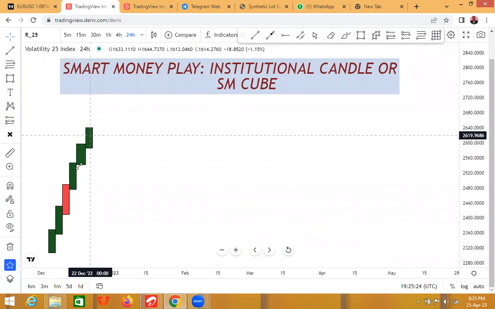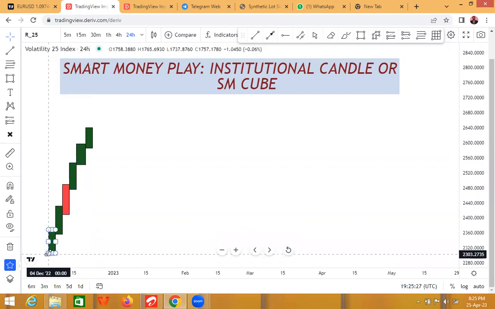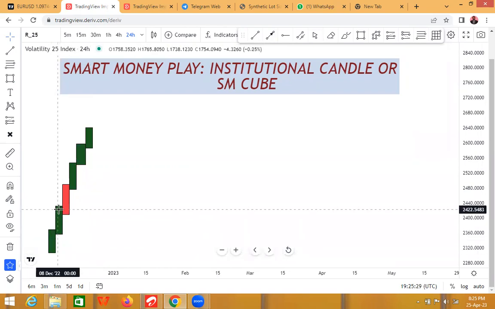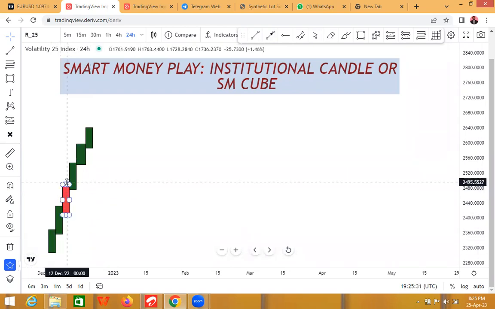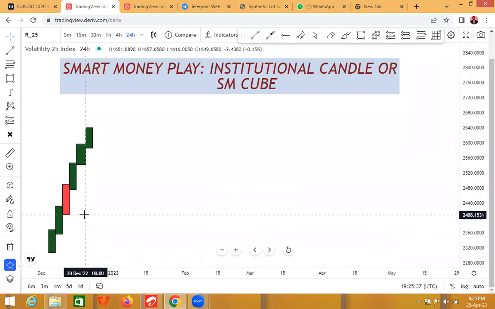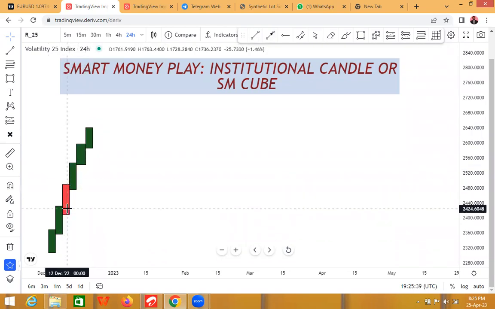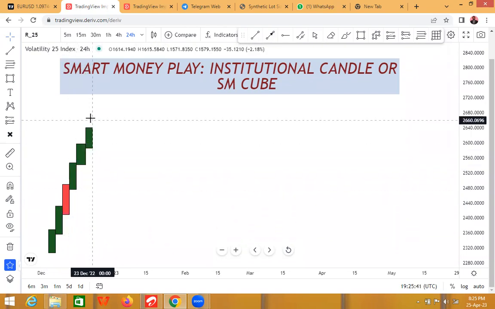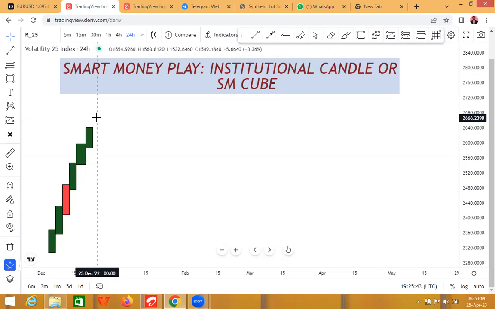What it then means is that price was going higher, and larger volumes were put into this candle to push price down. The real question is why? And then after price pushed down, price rallied up again to the upside.